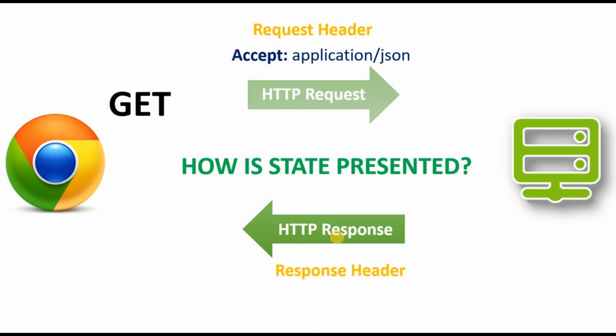And then the server will also use some headers to specify the resources. So when it sends back a response with the content that you have requested, it will send it in the form of JSON as you've requested.